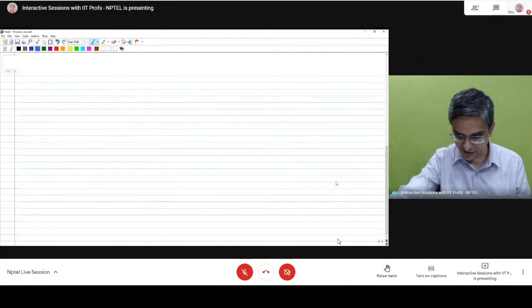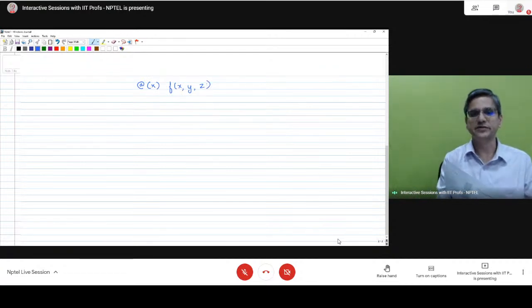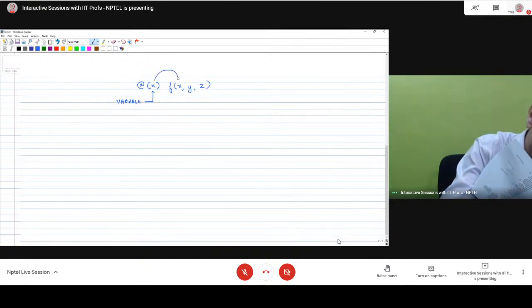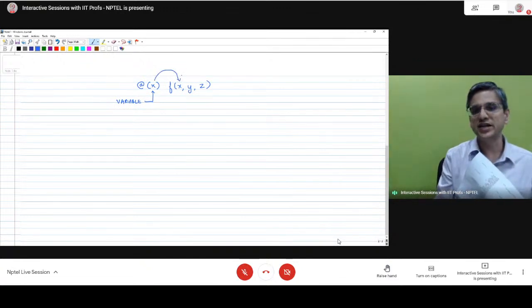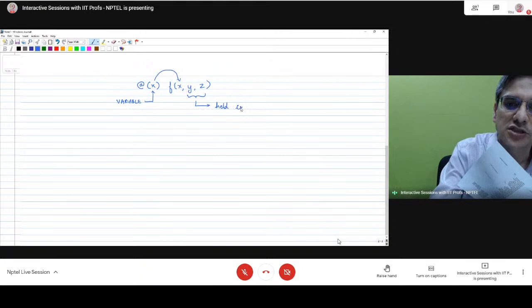When we are passing a function like at X, okay, the question is, let's say we are saying at X, f of X, comma, Y, comma, Z. What does this mean? What this means is X is a variable which is the first argument in that function, and Y and Z are held constant.